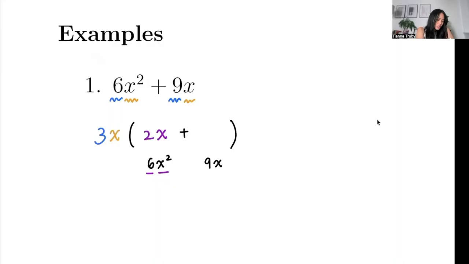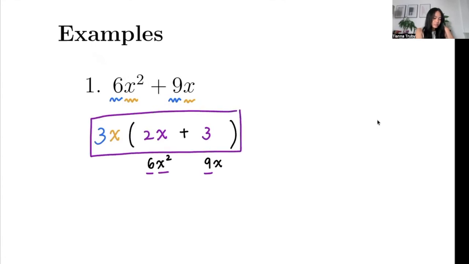We're still doing addition between, so we're going to keep that guy there. And then same sort of idea. 3 times 3 would give us our 9. We already have an x here, and we have an x here, so we don't need to add anything else. Our final answer would look like this.